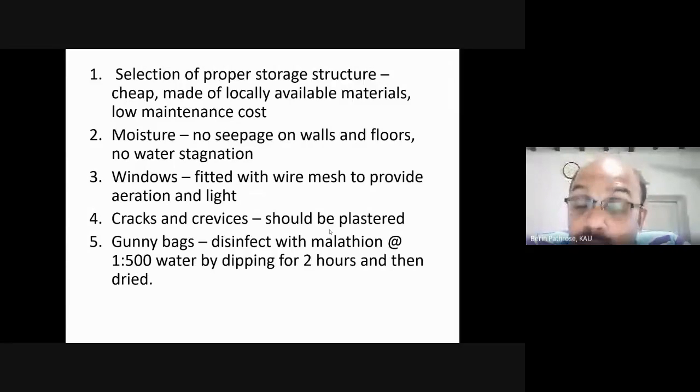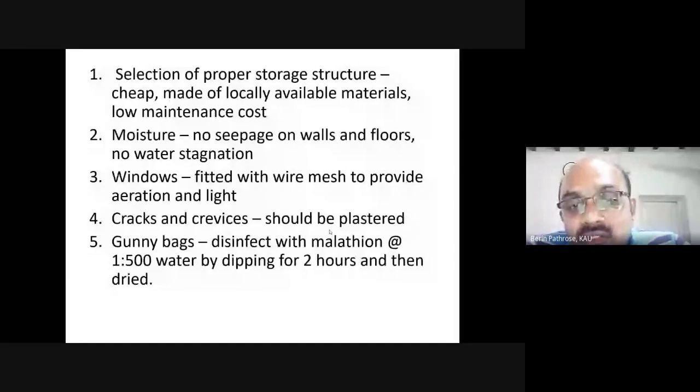The second and most important parameter with respect to selection of a site and the construction is that the godown should not be constructed at any place where there is a chance of water stagnation, because moisture affects grain storage to a great extent. So avoid areas with water stagnation.